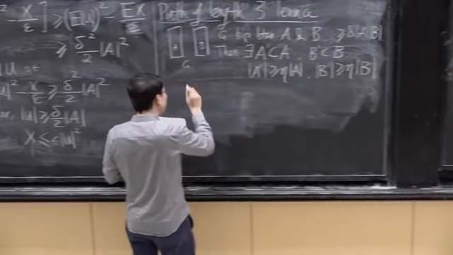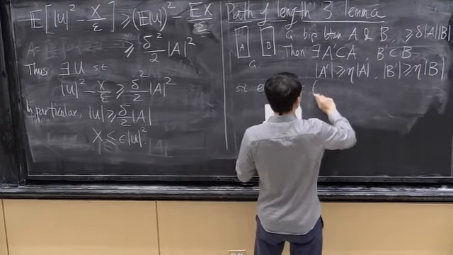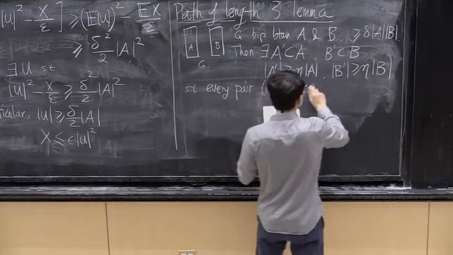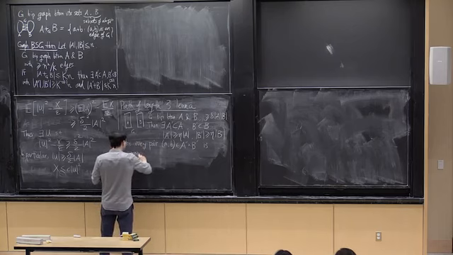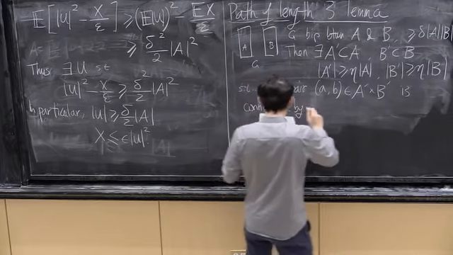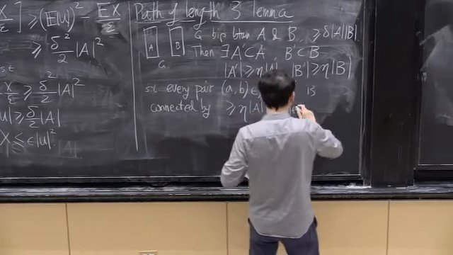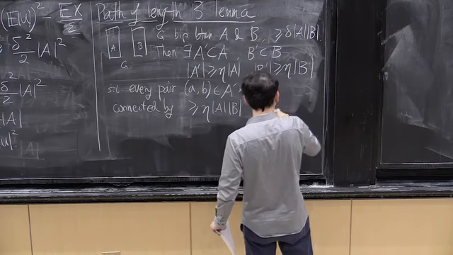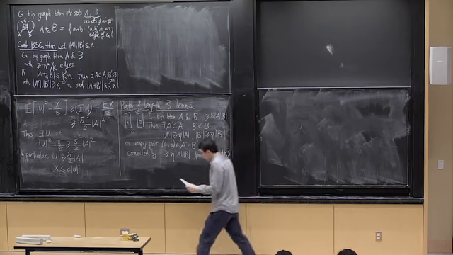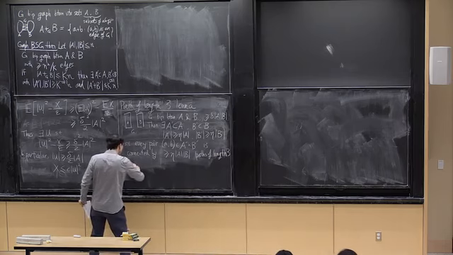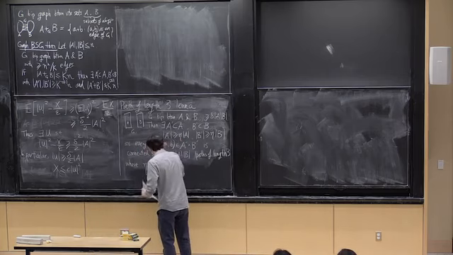And furthermore, every pair between A prime and B prime is joined by many paths of length 3. So a path of length 3 means there are 3 edges. And here, this eta is basically the original error term up to a polynomial change.